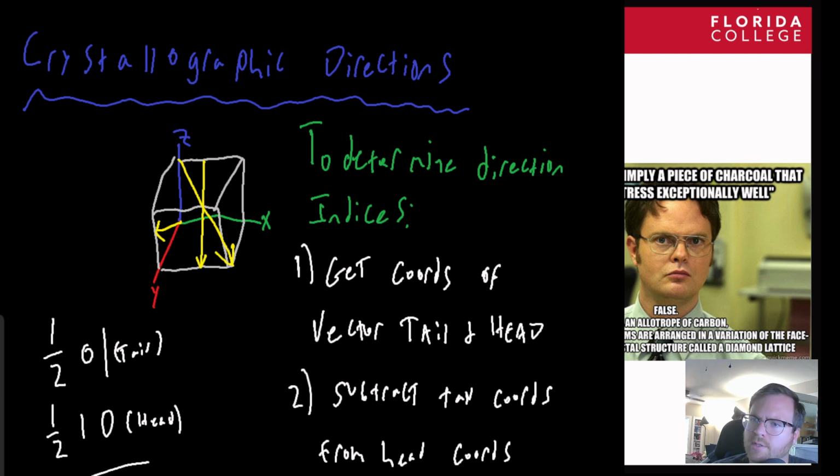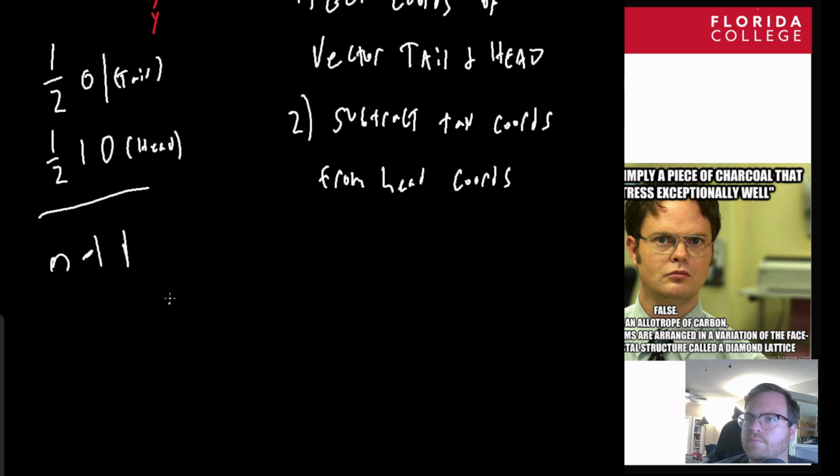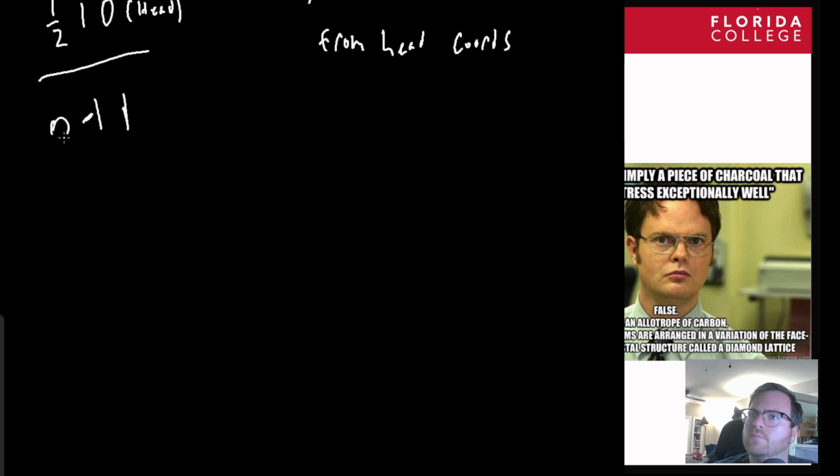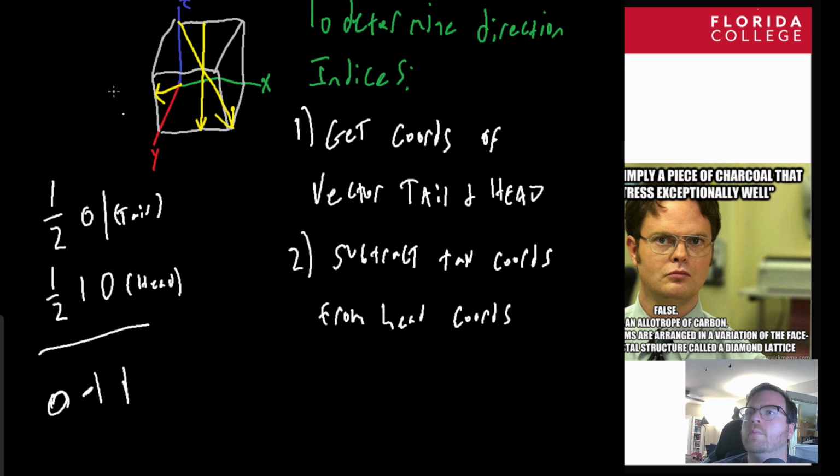So 1 minus 0 is 1, 0 minus 1 is minus 1, and then 1/2 minus 1/2 is 0. Oh, we can't see that. Okay, so 0.